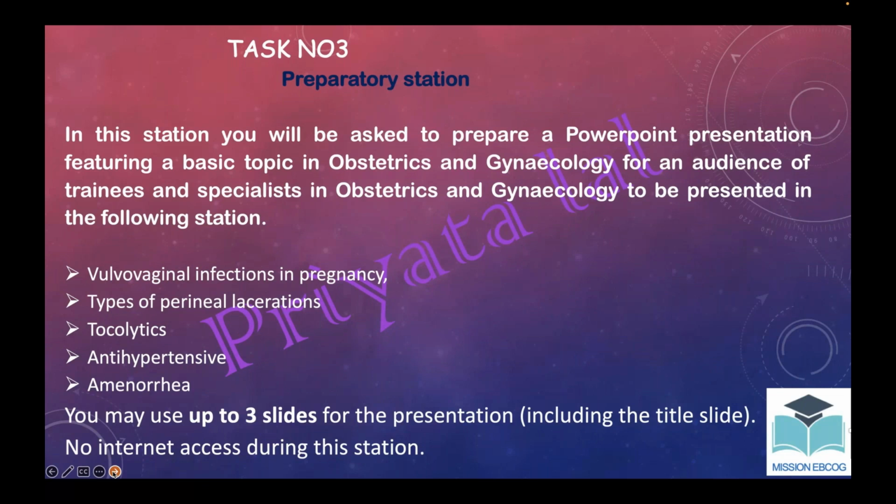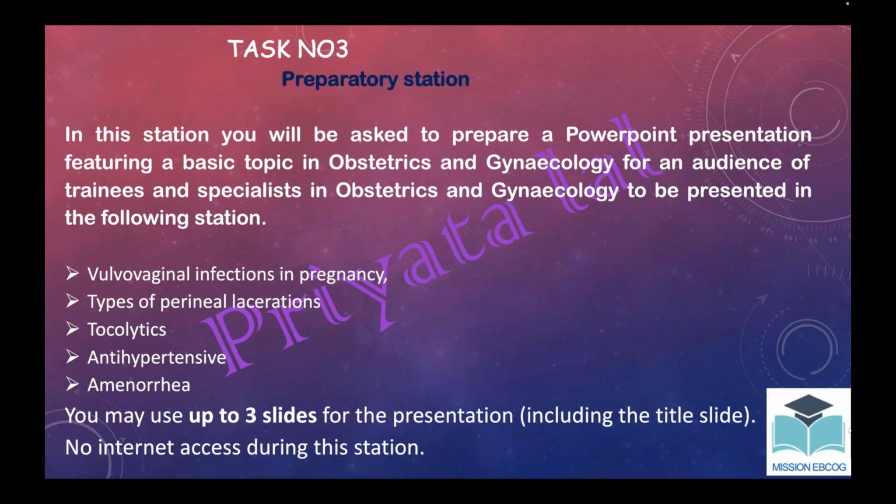But those who are not, you have to practice, because of timing, typing, and PowerPoint, what buttons you have to use on your computers, you should know. But again it is very easy.